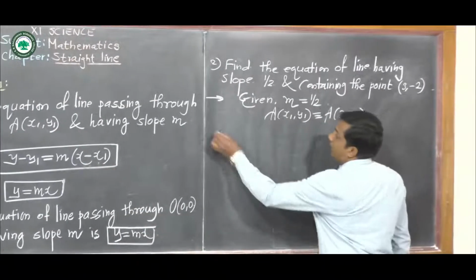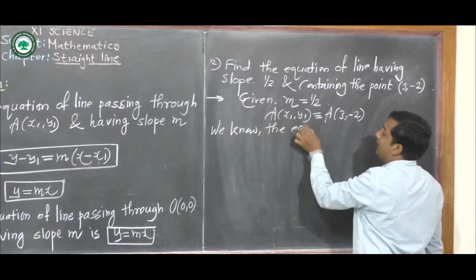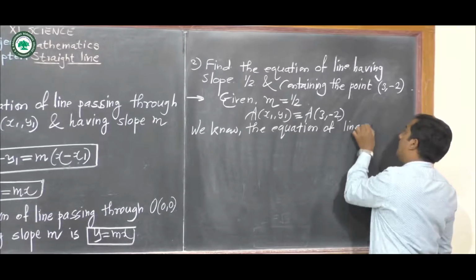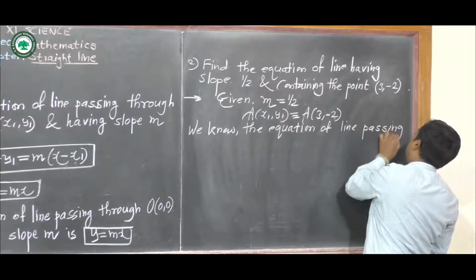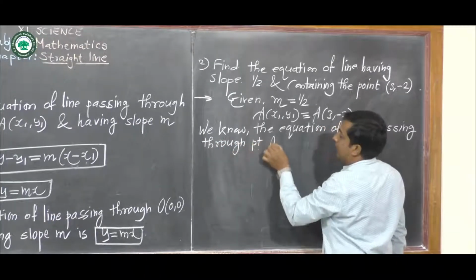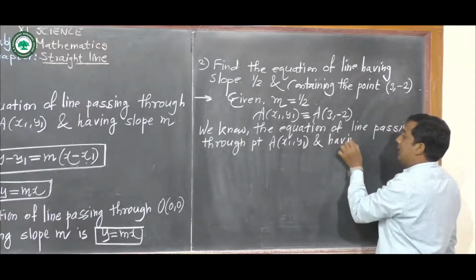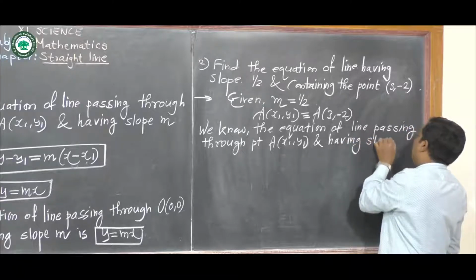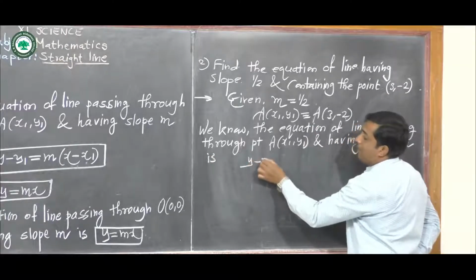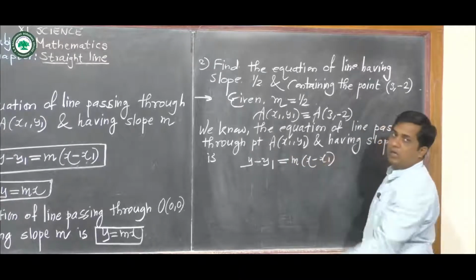Okay, so here I write, we know the equation of line passing through point A of (x1, y1) and having slope m is, the standard form, y minus y1 is equal to m into bracket x minus x1.